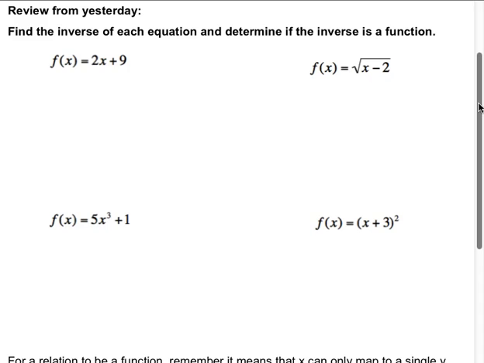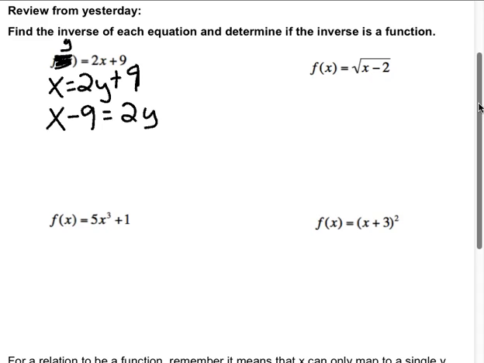So remember, to find an inverse, remember we're talking about that original f of x is a y, and we want to swap those. So we want to swap that y, and now we want to resolve for y. So I'm going to subtract that 9 and divide by 2.